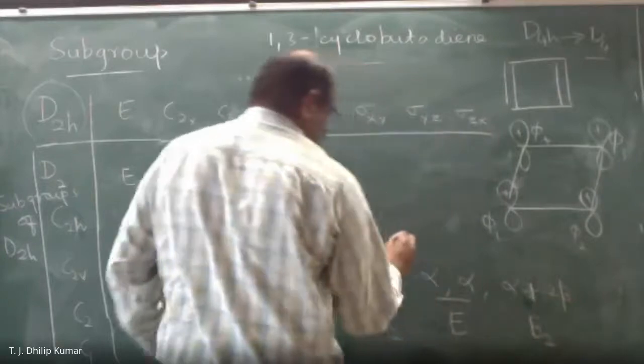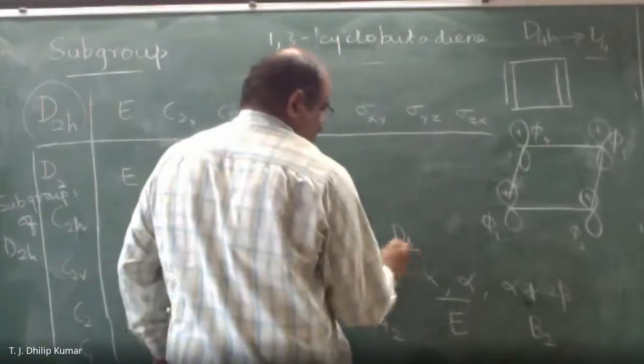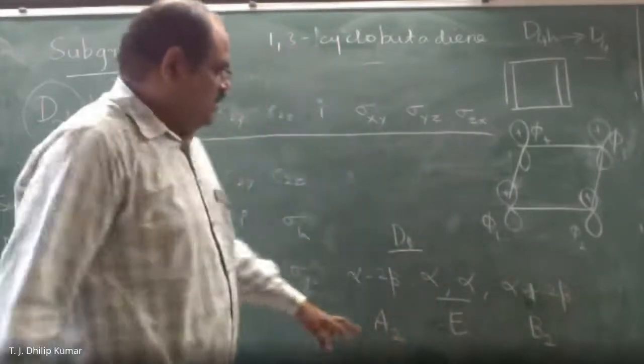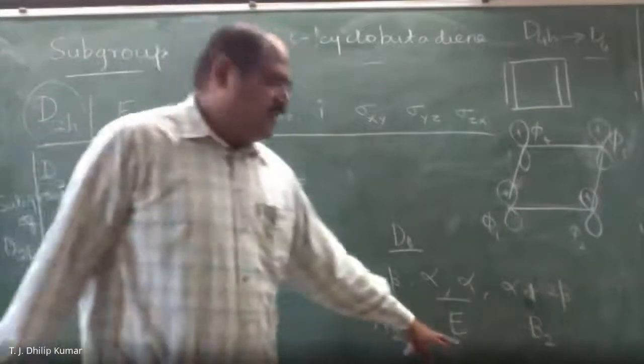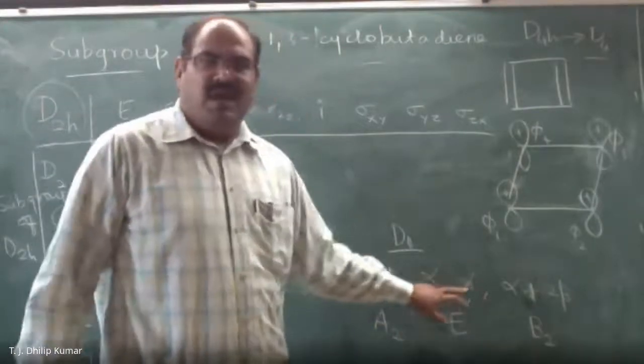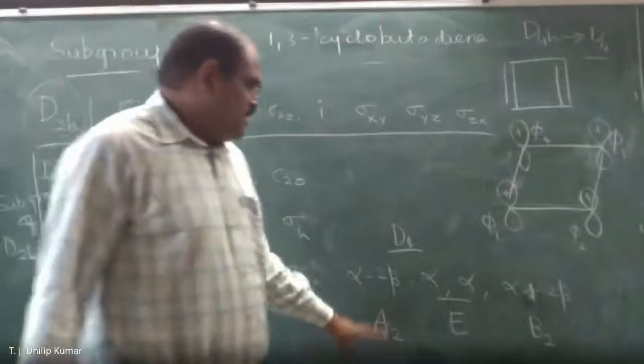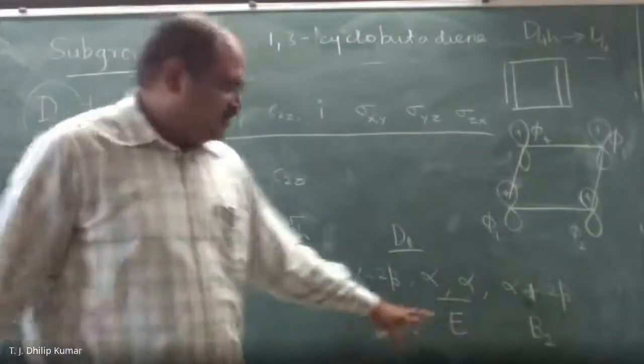So if you use D4, these are the IRs. One is E, which is degenerate. That's why you're getting alpha. Of the other 2, one will be of A2 type, the other of B2.